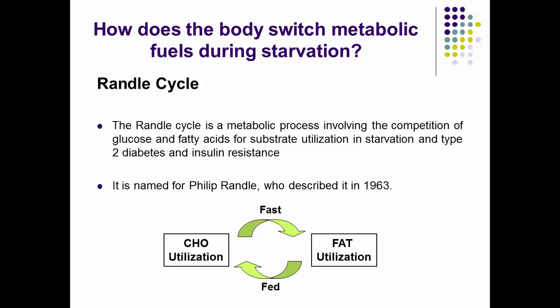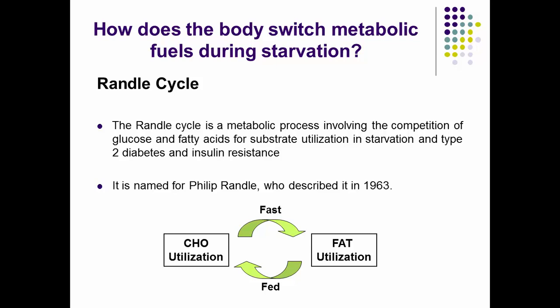Also in some disease conditions like type 2 diabetes, insulin resistance, but we can just focus on the physiological conditions, starvation first, right? This theory was described in like 1963 by the scientist Philip Randle.